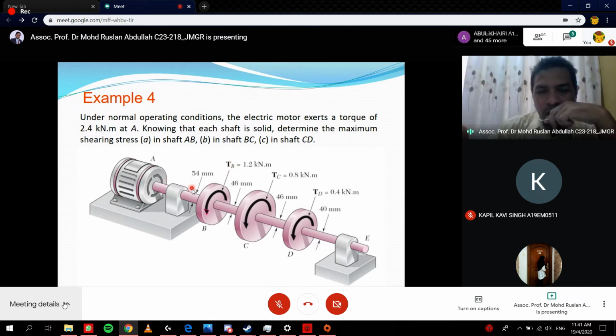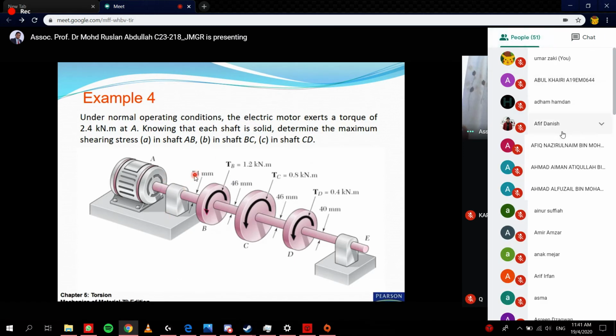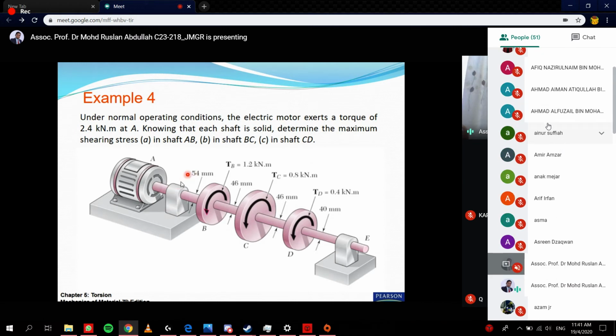I just want to make sure you understand the net torque between A and B. What is the net torque between A and B? Abdul Rahman? Abdul Rahman? Tak ada? Siti Hajar? Between A and B, what is the net torque?